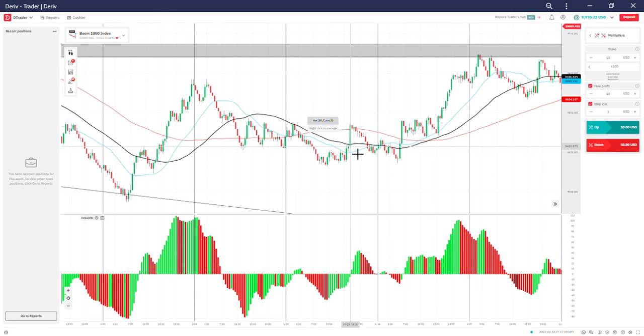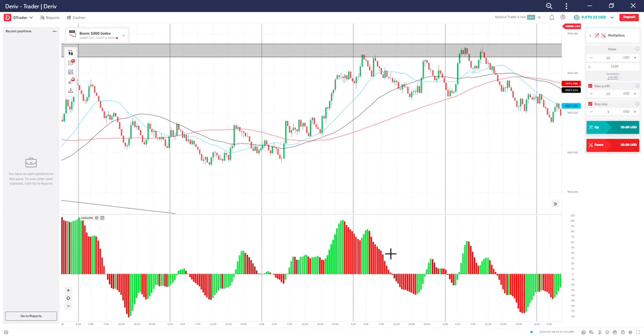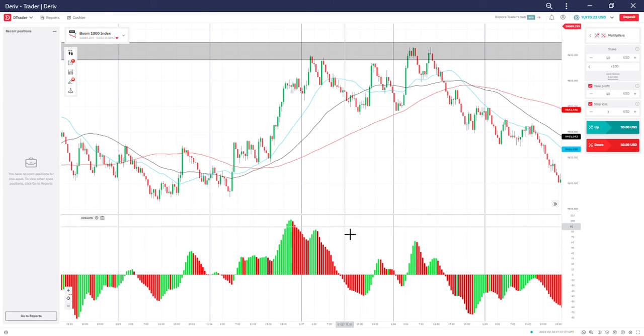We would maybe have won from this point up to that level, but not further. This one we would have taken a trade here, and it would have taken us up to this level. Let's look at this one. This one would have taken us from this level and then brought us down up to that level, you see.